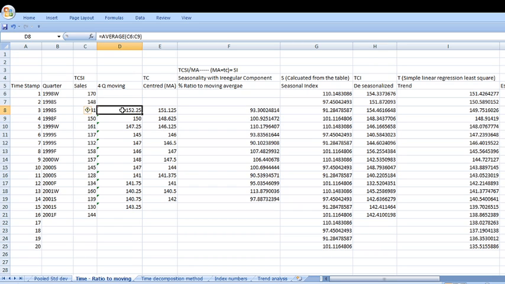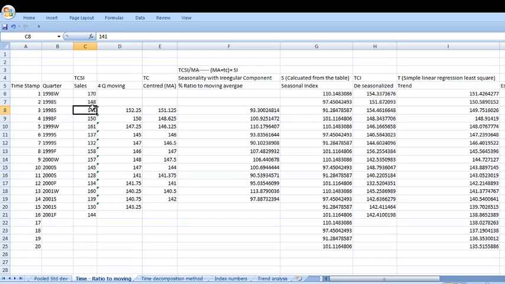That's the confusion. In order to get a proper place for this observation, we need to center the moving average. How do we center that? If I take the first 4 observations, the center value becomes 2.5, so 2.5 will be the location. If I take the next 4, the center value becomes 3.5.